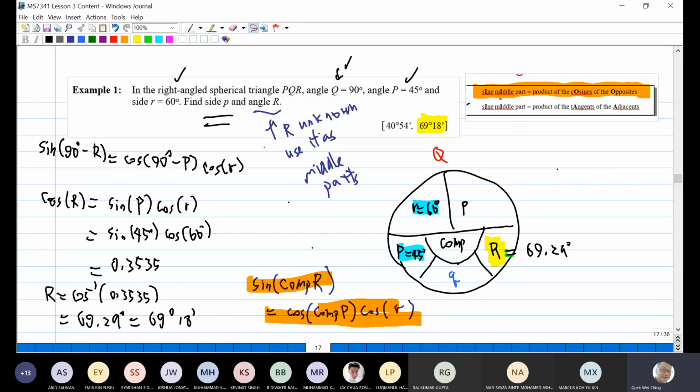So now I'm going to use the second rule. So let me erase this one. I find out R already. So now I try to make this unknown, make this a middle part now.